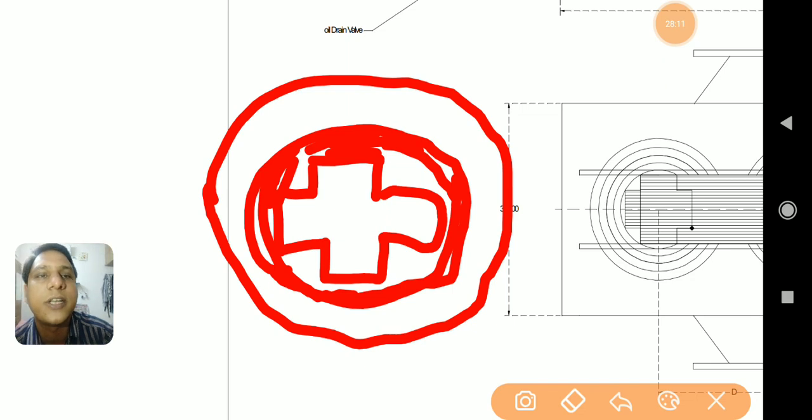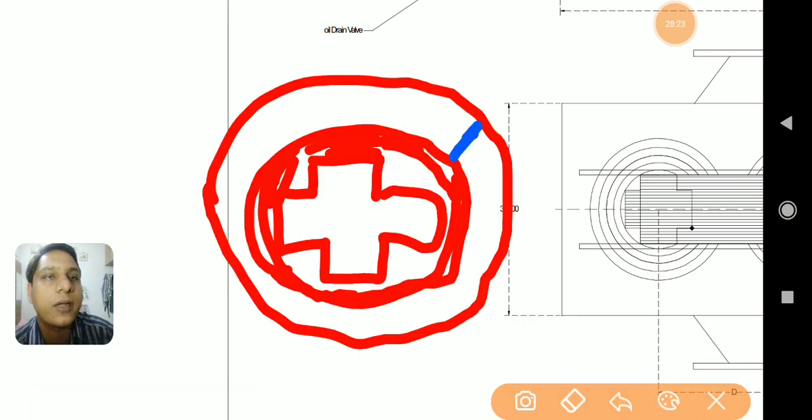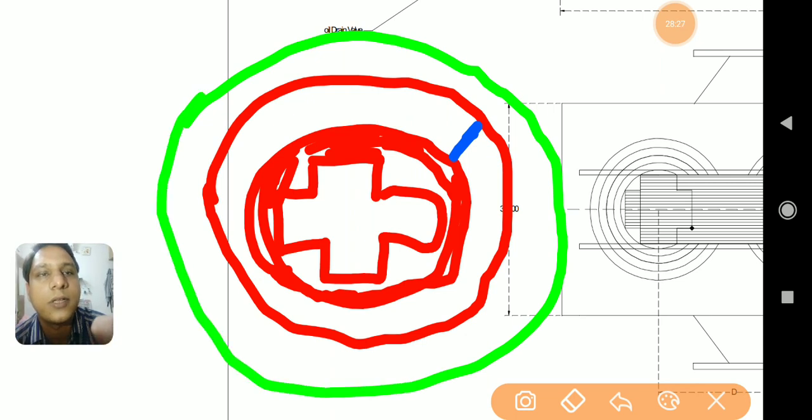This is representing the insulation. You can easily identify the insulation part which is shown here. After the insulation, another circle I could draw is representing the LV winding. This shape is representing the LV winding.